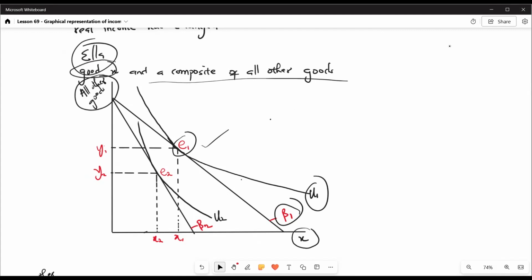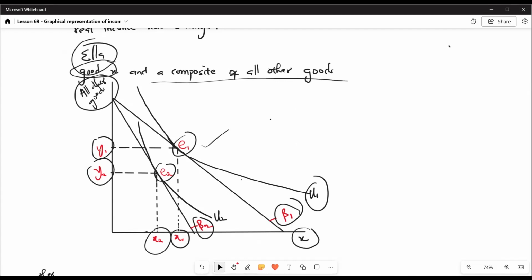So at this E1, Ella consumes X1 unit of good X and Y1 unit of good Y. So suppose the price of good X increases, which moves Ella to a new budget constraint B2 and a new equilibrium point E2 where she consumes X2 unit of good X and Y2 unit of all other goods.